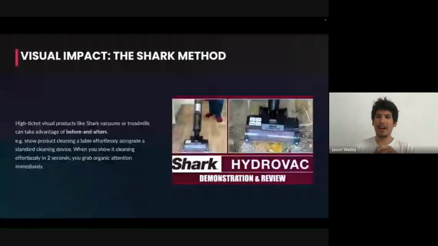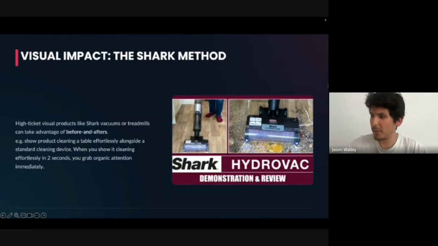For higher ticket products, excuse me one sec. For higher ticket products, obviously we had a question just a few minutes ago from someone here doing a high ticket product.